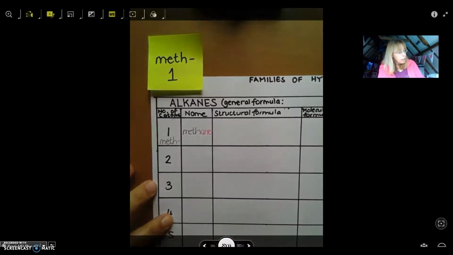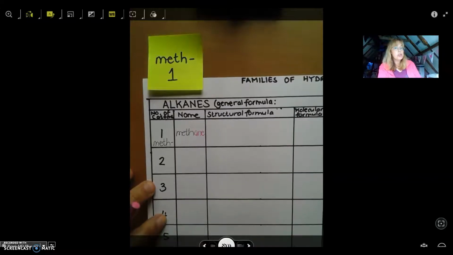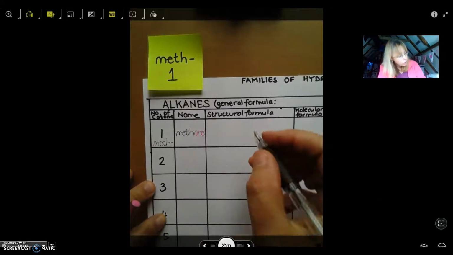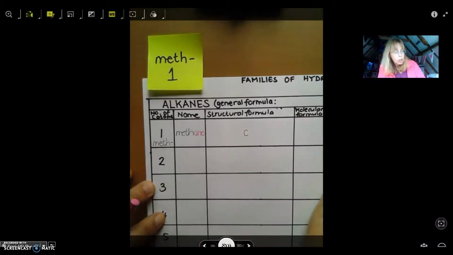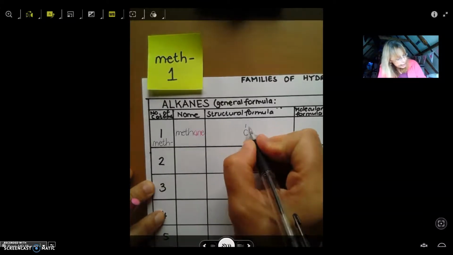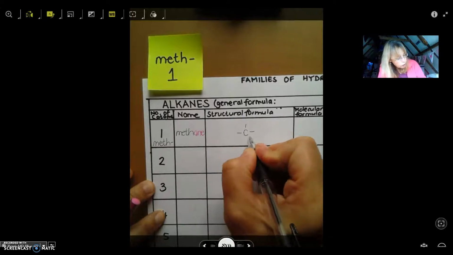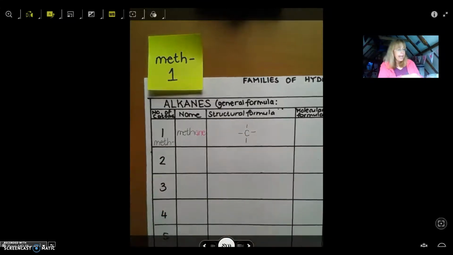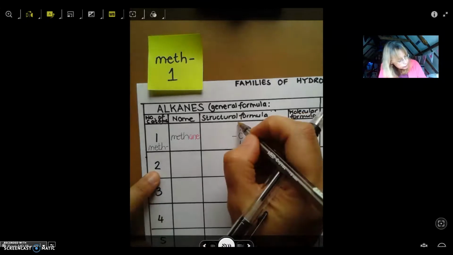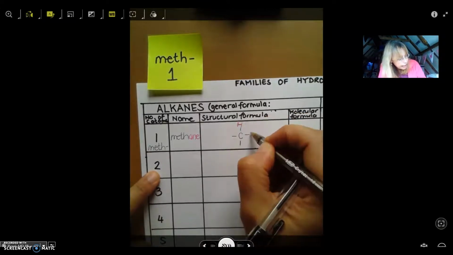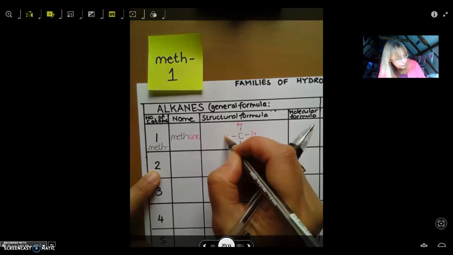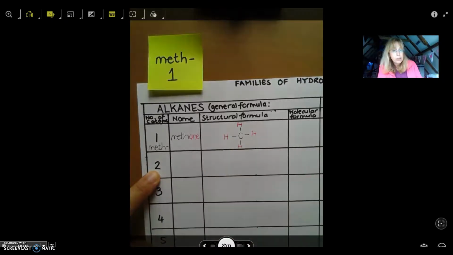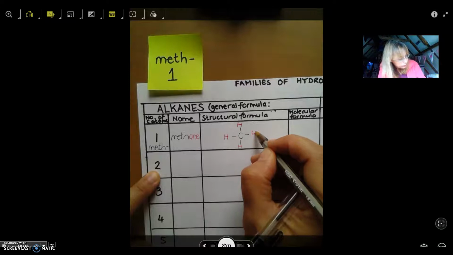Now, the structural formula, when the examiner asks you to show the structural formula of methane, what you're going to do is draw it showing the bonding. So I've got my carbon, it has 4 covalent bonds, and to each covalent bond, I have a hydrogen. Very important, hydrogen being an element on the periodic table, it should have a capital letter H.